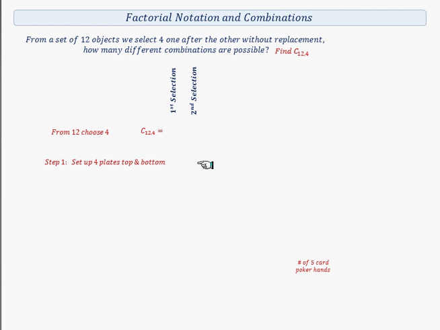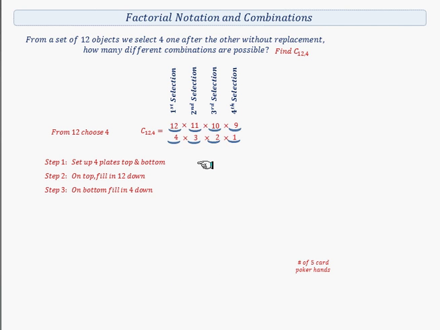We set up 4 plates, top and bottom. On top, we fill in 12 down. On the bottom, we put in 4, 3, 2, 1. We multiply and we divide, giving an answer of 495 combinations of 4 from 12.